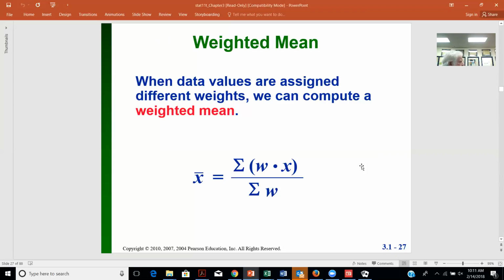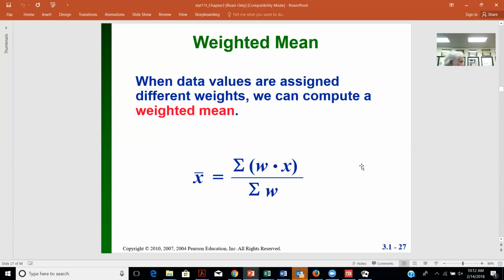But the example in your book was to look at states. If you just went by state and determined an average income per state, and then added up the average of each of the 50 states and divided by 50, you're not going to get an accurate number, because some states, like California, have like 40 million people, 40, 50 million people living in them.